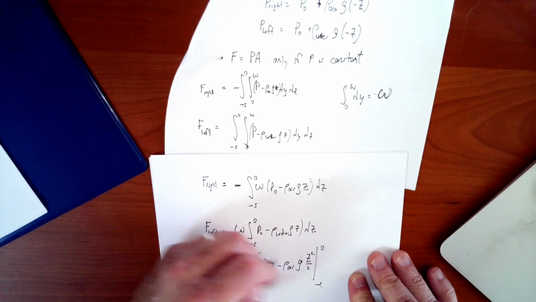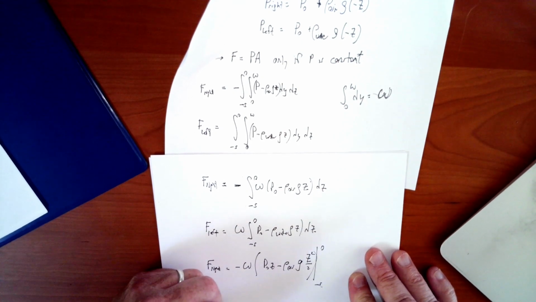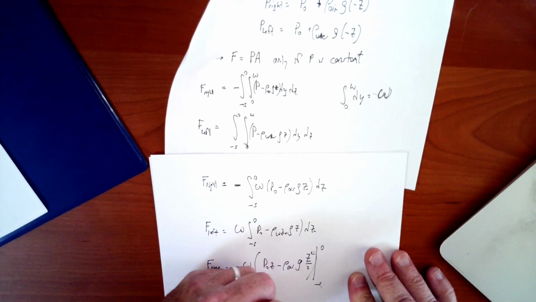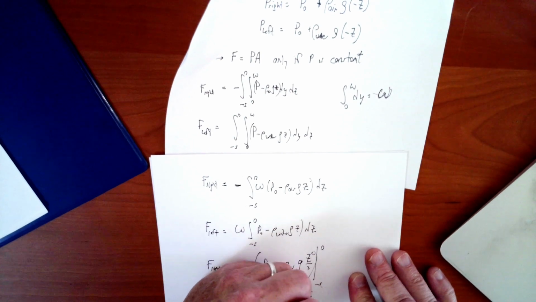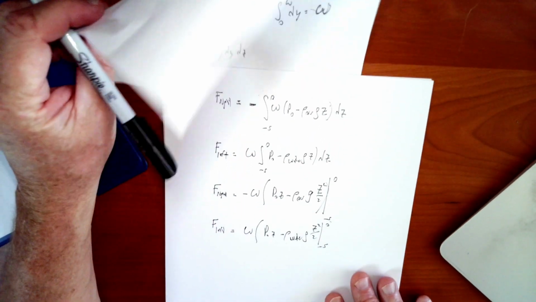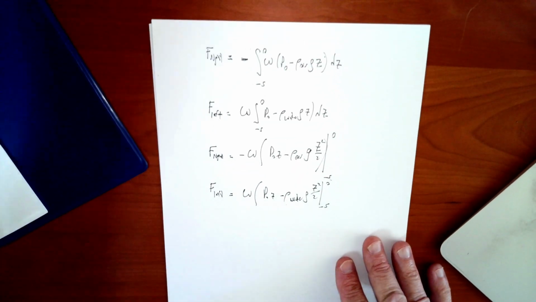So no problem with that, simple. And the second integral, the left-hand side integral, is basically the same integral, which is W, and I've got P naught Z again, and minus, of course, this time rho water G Z squared over 2, evaluated at negative 5 and 0. So very simple integrals, anyone can take those integrals.